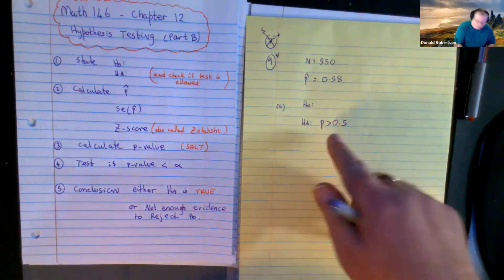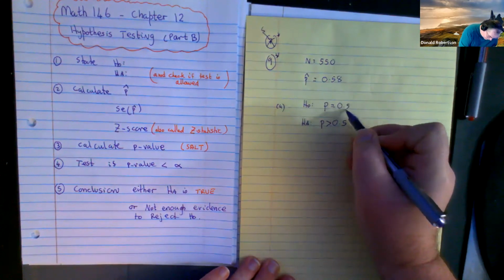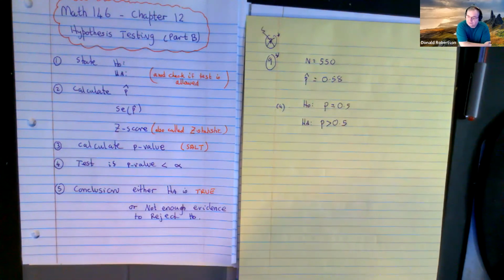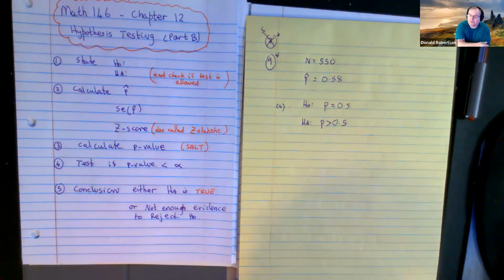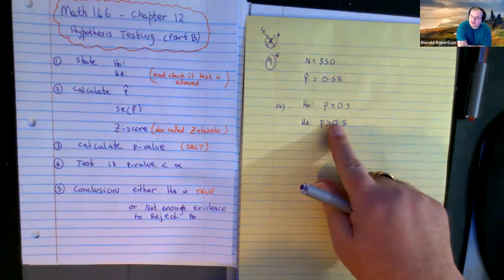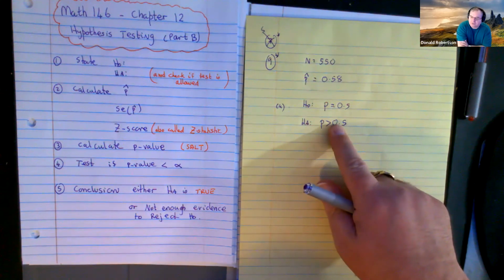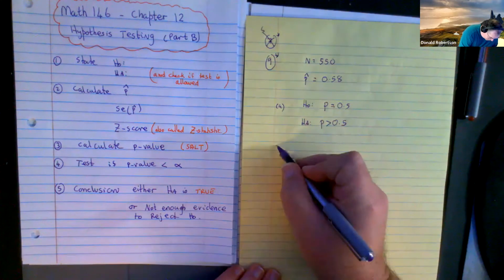This fella is always the same number, but with an equals. Now, if they said a different story, we want to prove that something's less, when you say less than 0.5, or we want to prove that it's different from half, not equal to 0.5, right? You've only three decisions, bigger than, less than, or not equal to something. And that's that question done. Part B.